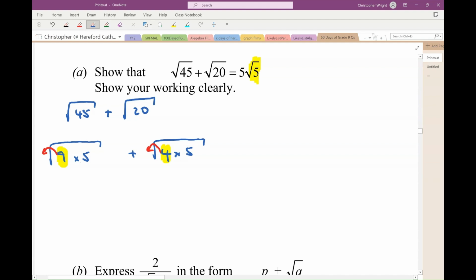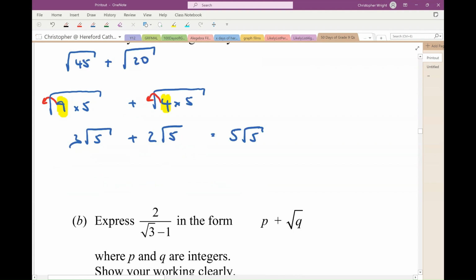So the square root of 9 root 5 is the same as 3 root 5. I've taken the 9 out of the square root and square rooted it. I'm going to do the same with the 4 here. The square root of 4 is 2. So the square root of 4 times 5 is the same as 2 root 5. And look at that. 3 root 5 plus 2 root 5 is 5 root 5, which is what they wanted me to do.